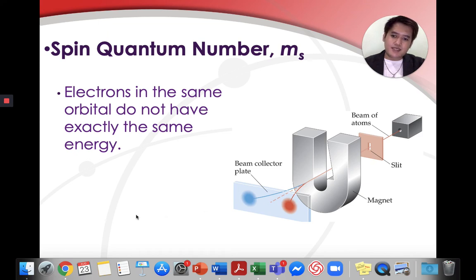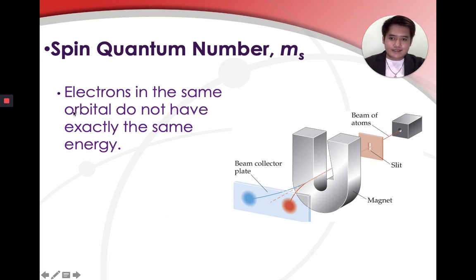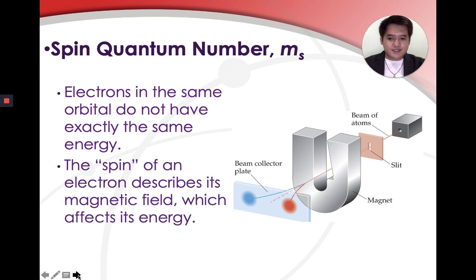So they concluded that there must be something that differentiates them. Okay, and what differentiates those two electrons that are next to each other in the periodic table is its spin, the spin of the differentiating electron.